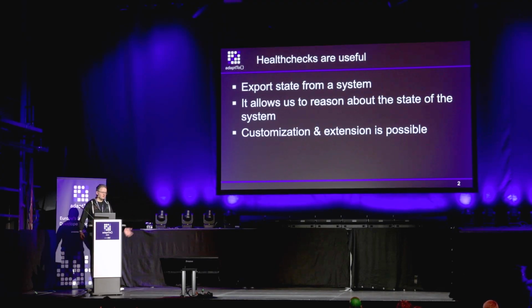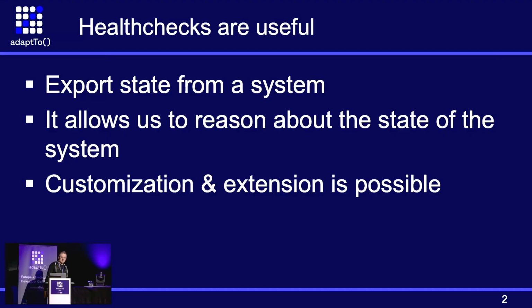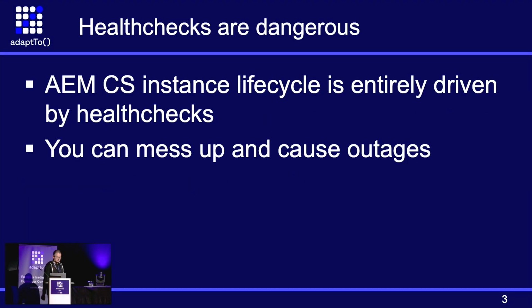As usual, we have OSGi and Sling, and everything is customizable and extensible. It's all nice and good, but it's also dangerous, because we drive everything with health checks. When all the relevant health checks are reporting all good, then we start serving traffic.